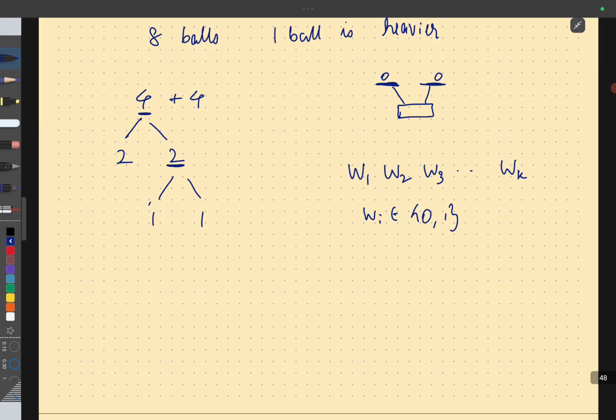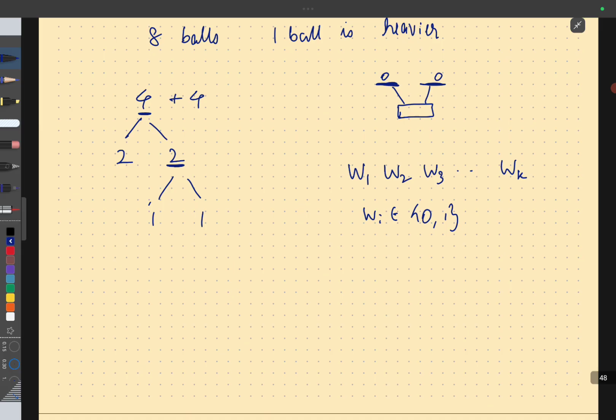This is a very general framework. It is not just weighing, but you can take any such measurement, so to speak. You design an experiment where you take individual measurements. Each measurement can potentially depend on the output of the previous measurement. That's okay. But each measurement gives you a 1-bit output, either left or right, or 0 or 1, or something else.